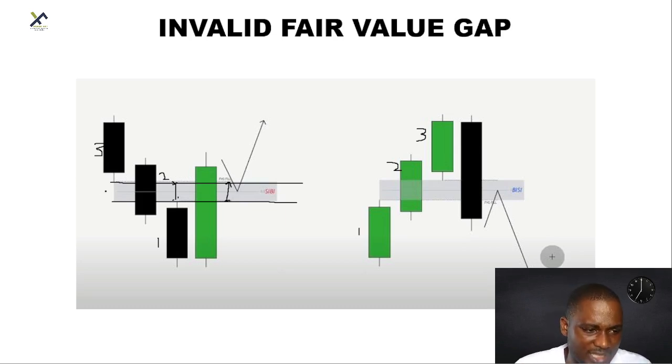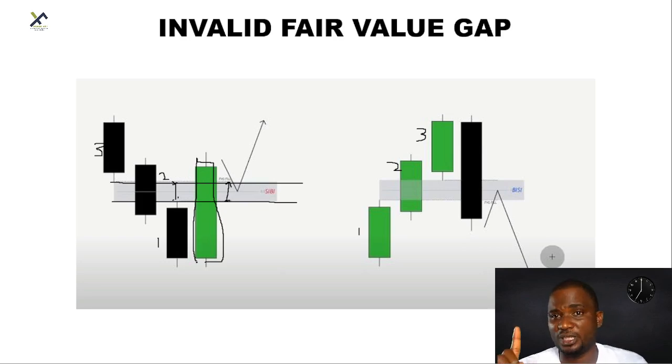Now, look at it here. You can see that this is a fair value gap, but you observe that it has already been filled by the next candle before the pullback itself. A candle filling the fair value gap before the pullback makes the fair value gap invalid.